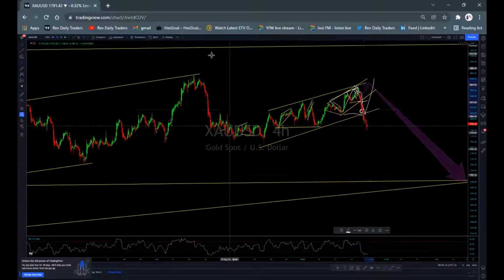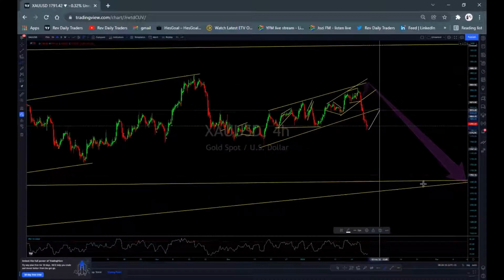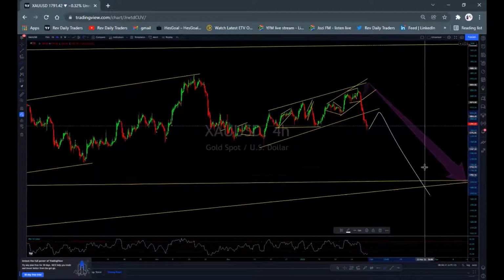Then if you are still in a drop on gold, do manage your trade well, and expect a pullback here, a correction, then you can take the trade. We are still biased to downside on gold, guys.